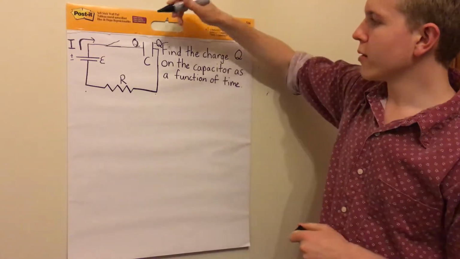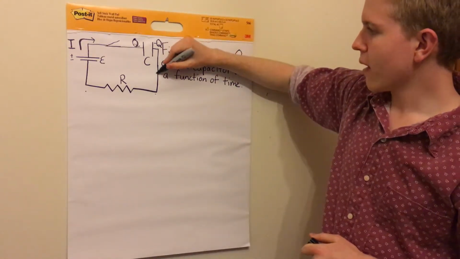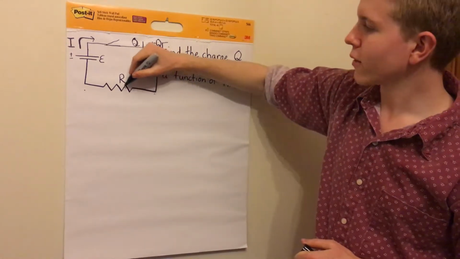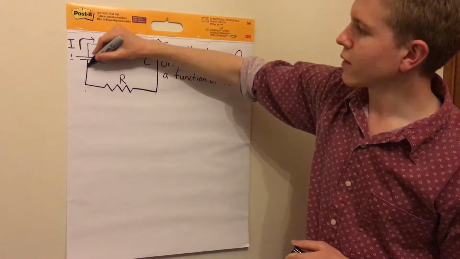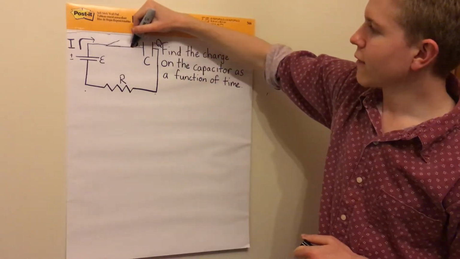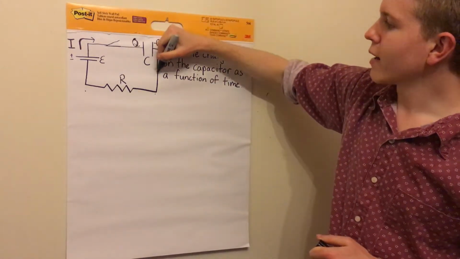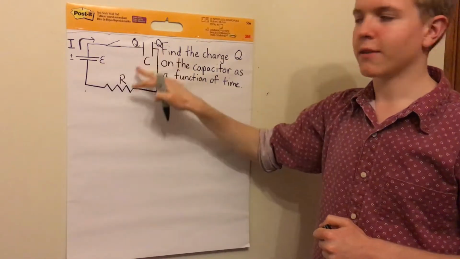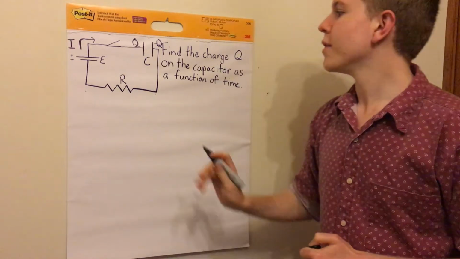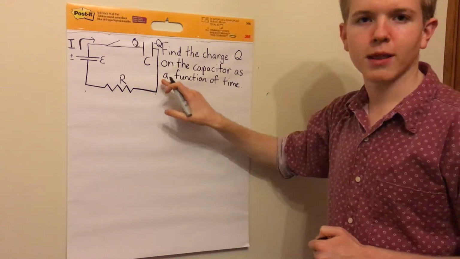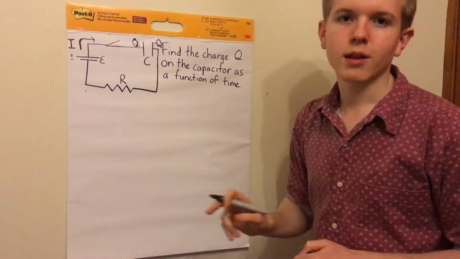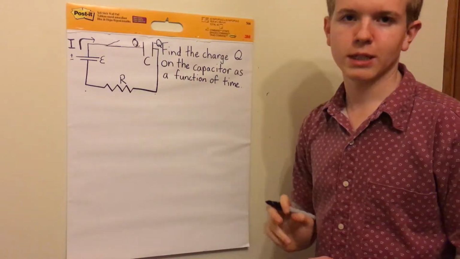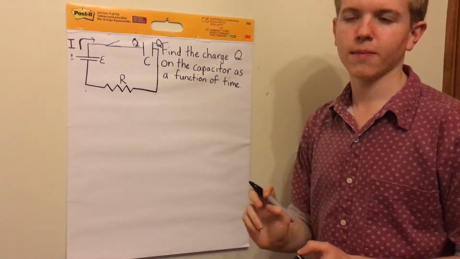Well, if you pick any point on the circuit, say here, and then you move clockwise with the current, and you add up the voltage difference across here, the difference across here, and then the difference across here, and come back to the point you started at, if that sum of voltage differences did not equal 0, then you'd end up with a voltage difference between this point and itself. So that doesn't make any sense. And that's why the sum of the voltage differences always has to be 0.